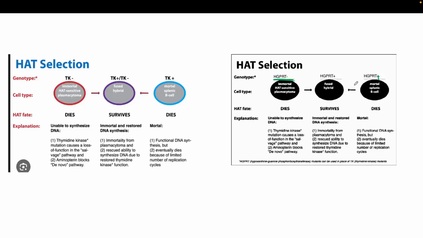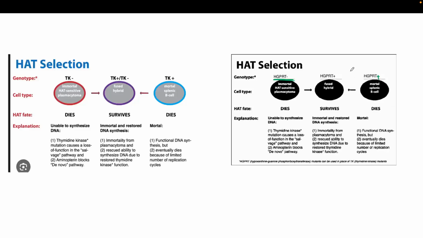But this normal B cell has a certain half life, so after some time it will die. So both of these cells will automatically die, one because of the absence of HGPRT, and the other because of the short half life.